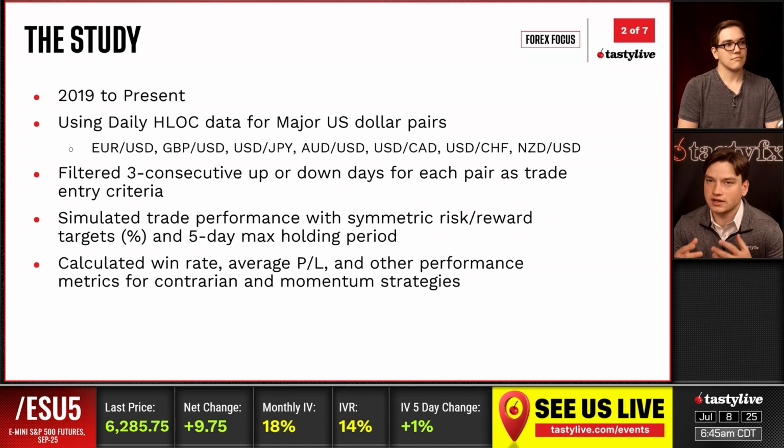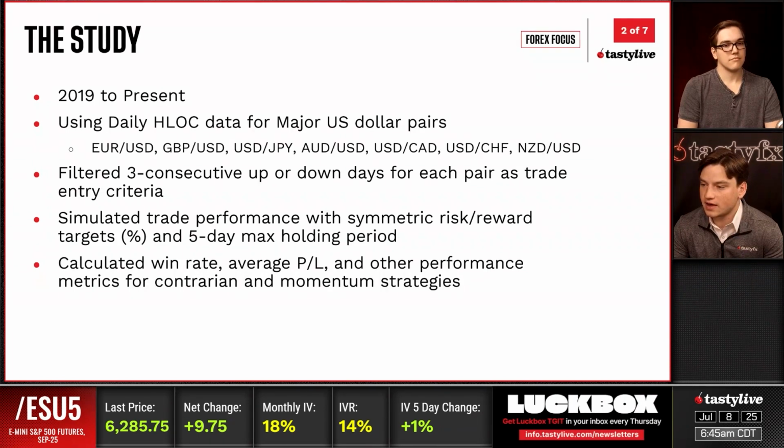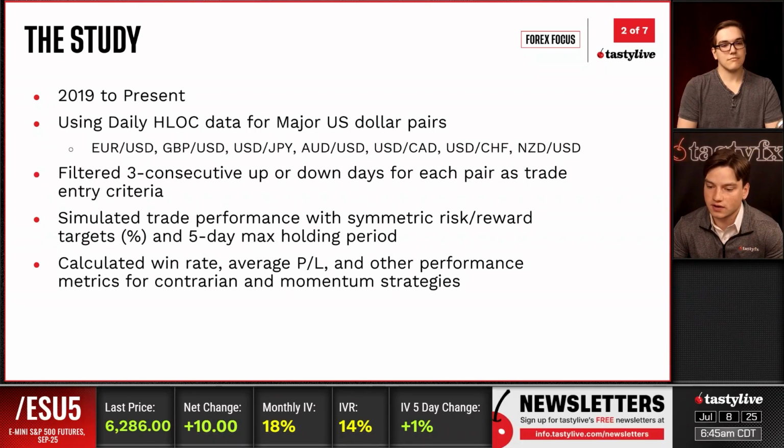So we simulated trades that only occurred after observing 3 consecutive days in the same direction, and tested both if you were to put on a momentum play there, betting on continued performance, a 4th consecutive up day as an example, or simulating a trade where you're fading that move.